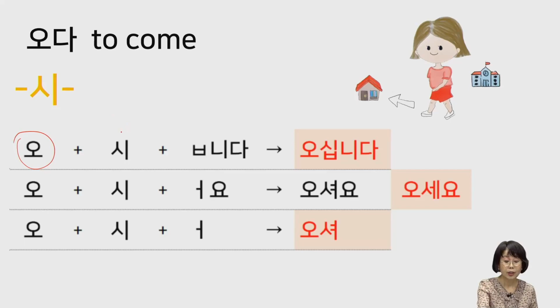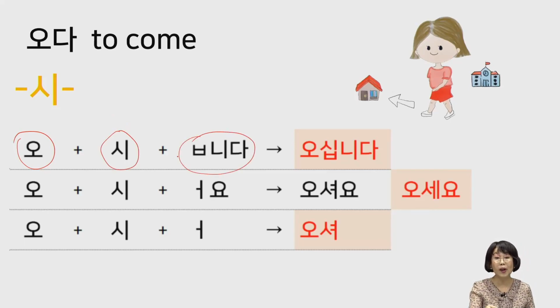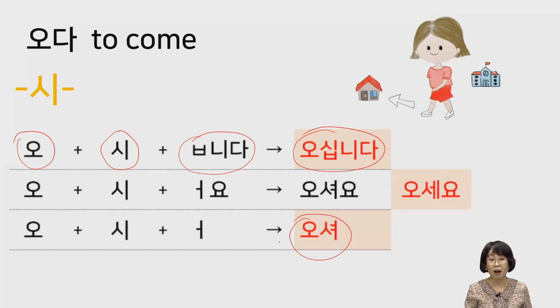The stem, 시, the honorific particle, and 읍니다 give formal high respect: 오십니다. 오셔, 오세요, 오셔요, 오십니다.